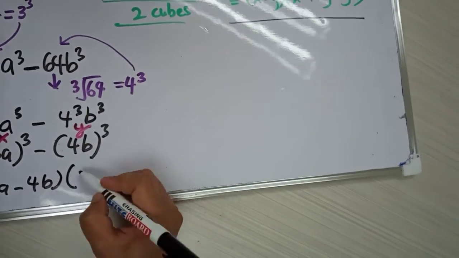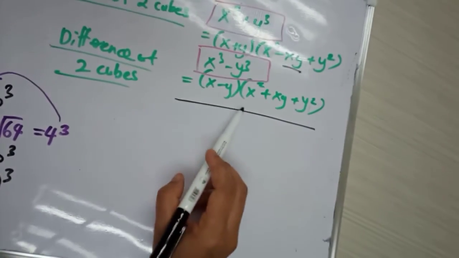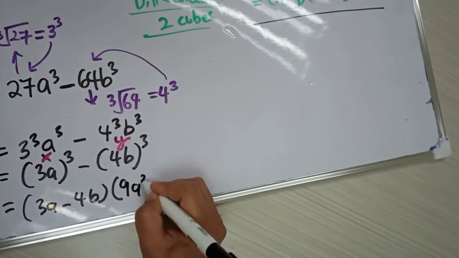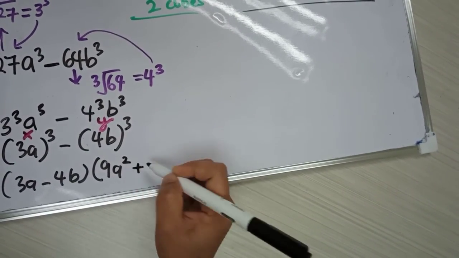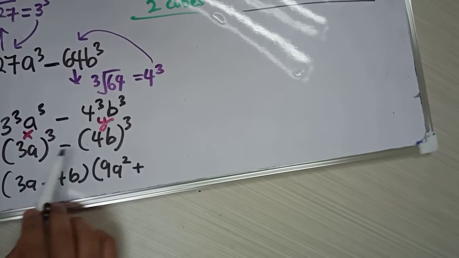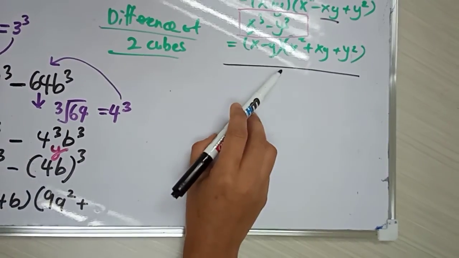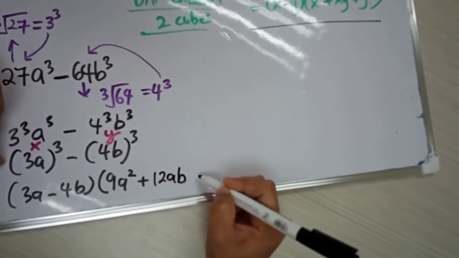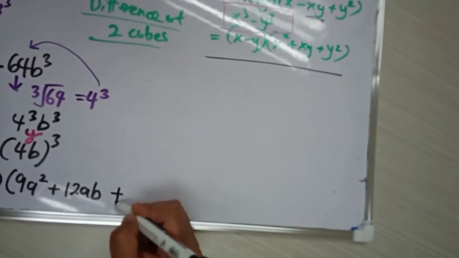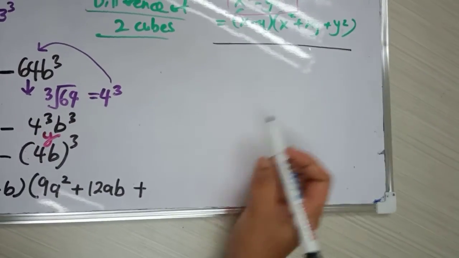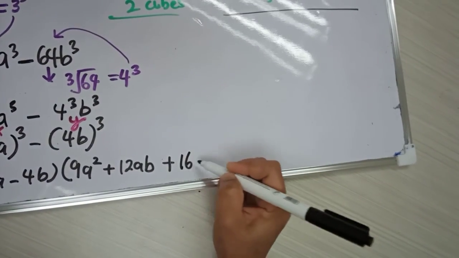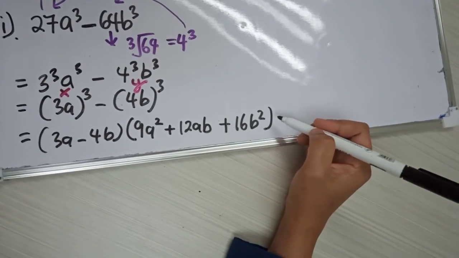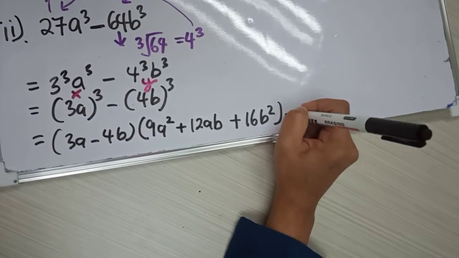And then we have here the square. x squared means 9a square, plus, multiply these two, xy, you get 12ab, plus y square. Y square is here, you get 16b square. Alright, so this is the answer.